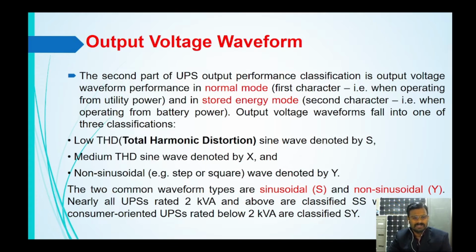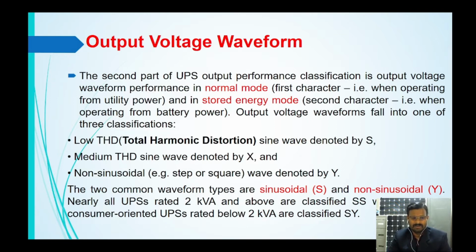The second parameter is the output voltage waveform. What is the type of output we get from the UPS in normal mode and stored energy mode? Normal mode is when the utility is providing the power: what kind of output waveform do we have for the load?